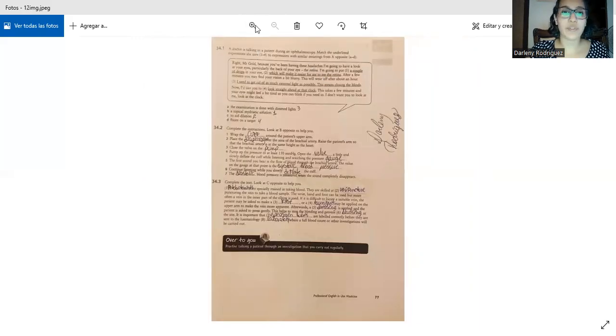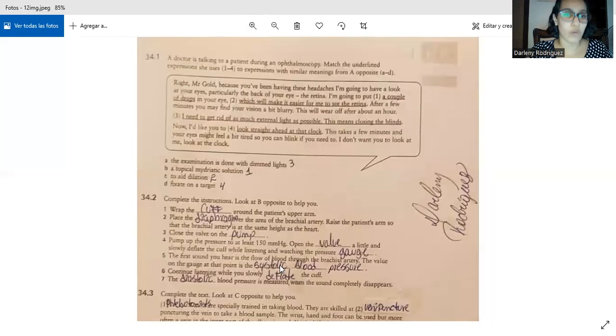Finally, chapter 34.1. A doctor is talking to a patient during an ophthalmoscopy. Match the underlined expressions she used to expressions with similar meanings from A opposite.